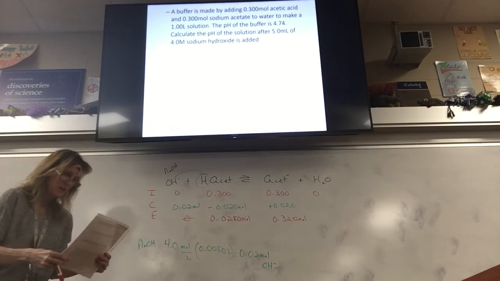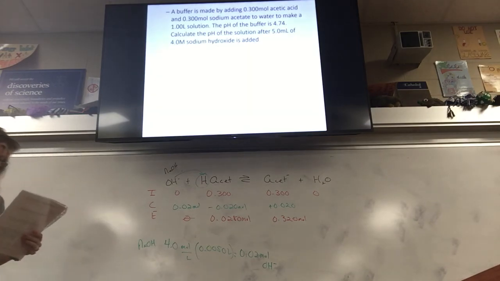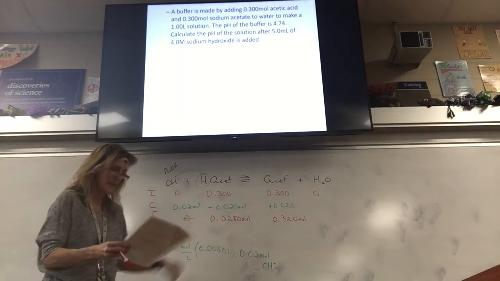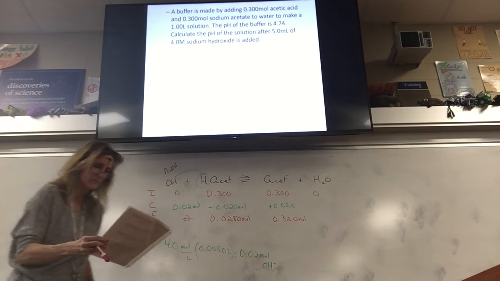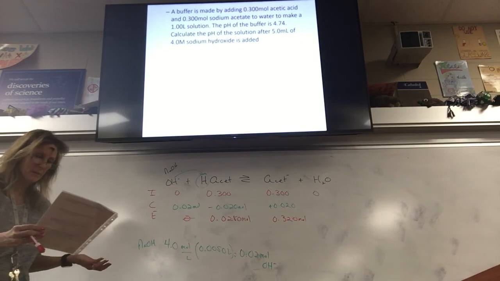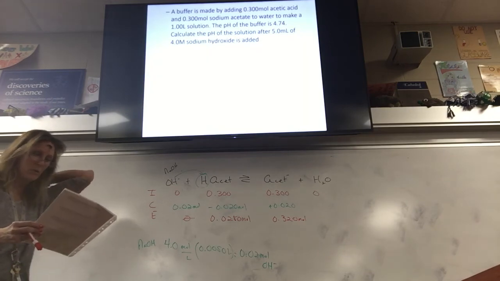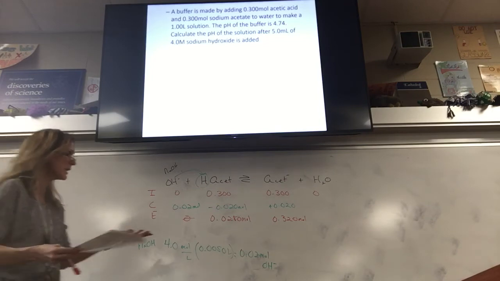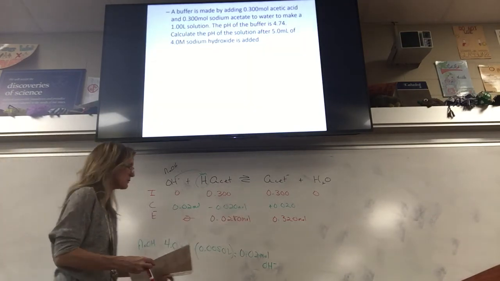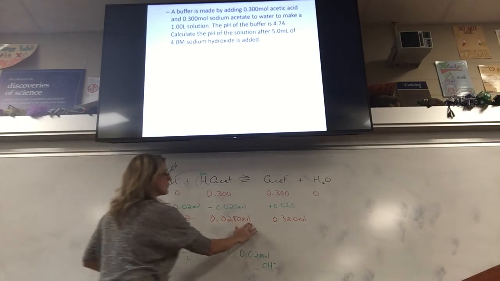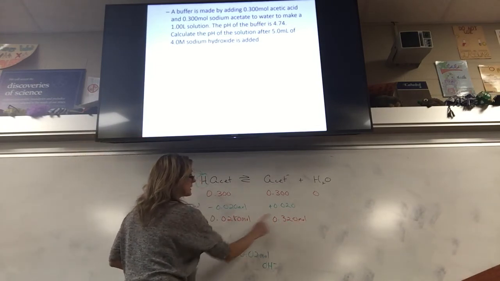So then we can plug in, we can do this with the Henderson-Hasselbalch equation, or we can do it the old-fashioned way with the equilibrium thing. But before we plug in any of these numbers, remember these were in moles.